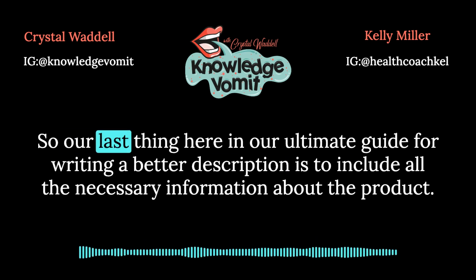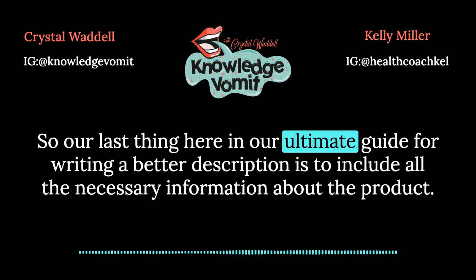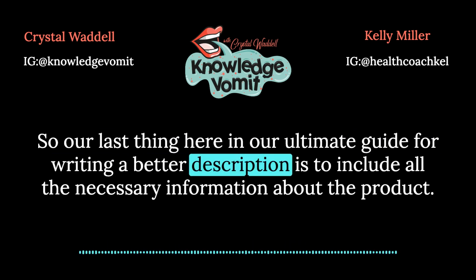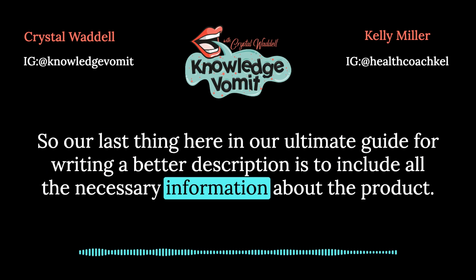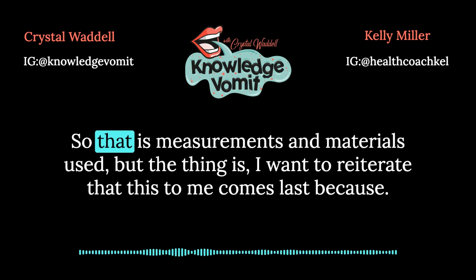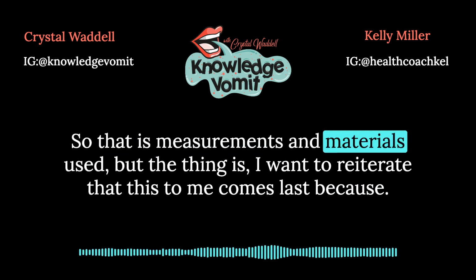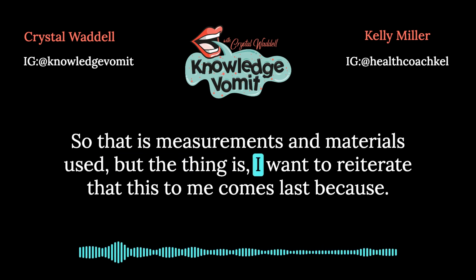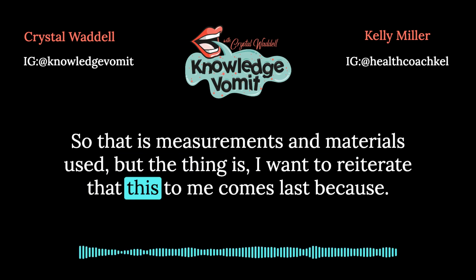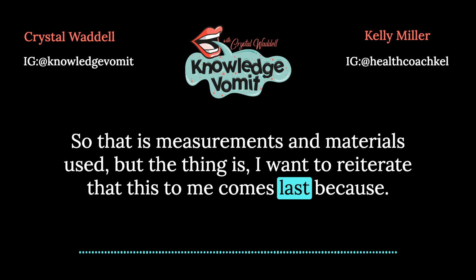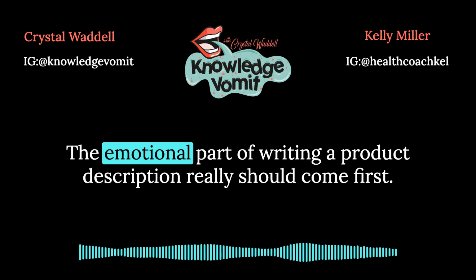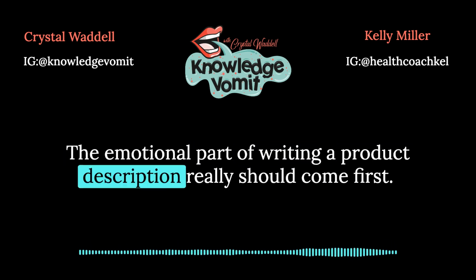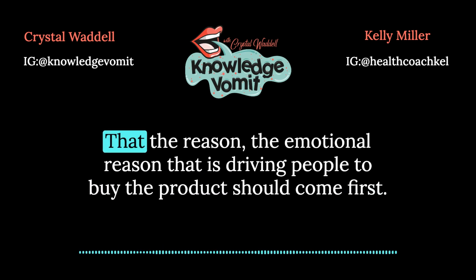Okay. So our last thing here in our ultimate guide for writing a better description is to include all the necessary information about the product. So that is measurements and materials used. But I want to reiterate that this to me comes last, because the emotional part of writing a product description really should come first.